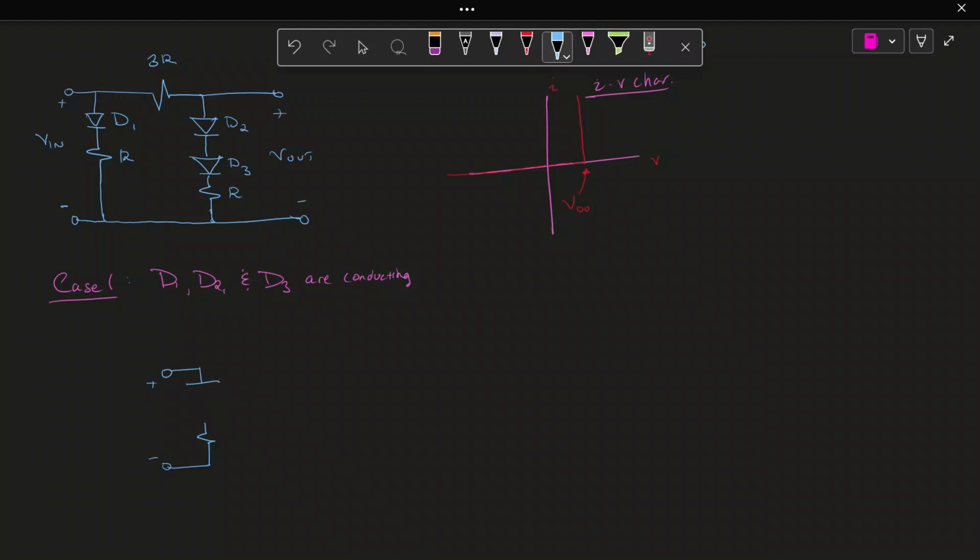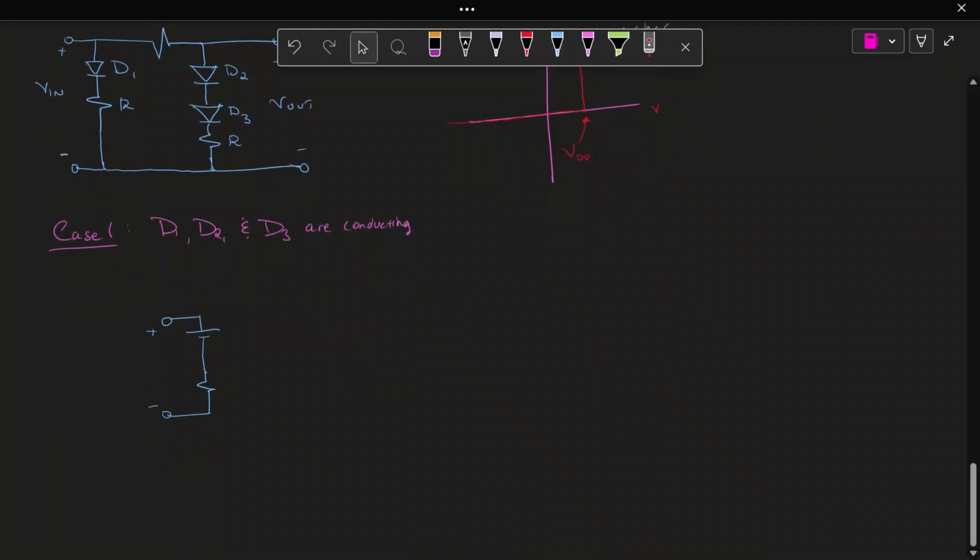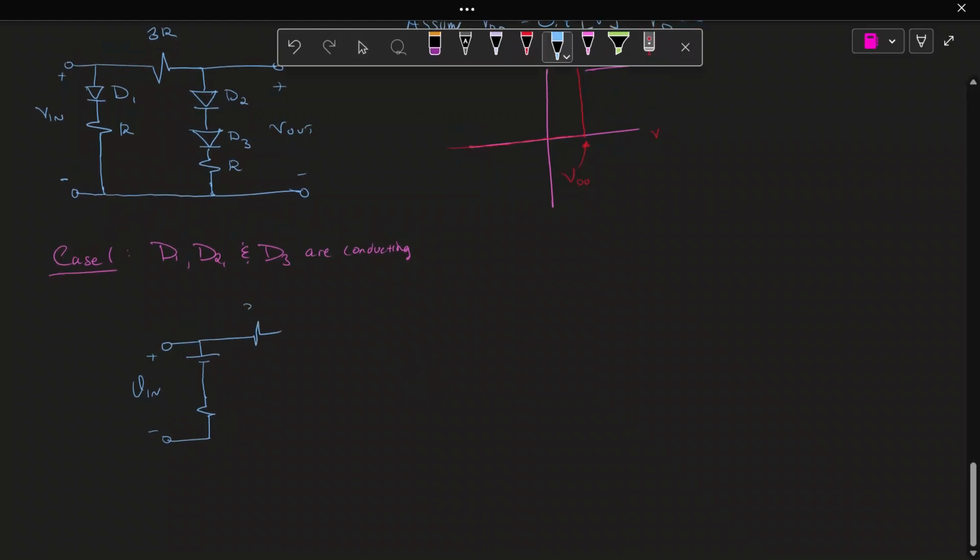What we have here is a voltage drop, so I'll use an EMF or battery model. We'll say this is V in, and we have here 3R, which doesn't change. And now we have these other diodes here with this model.